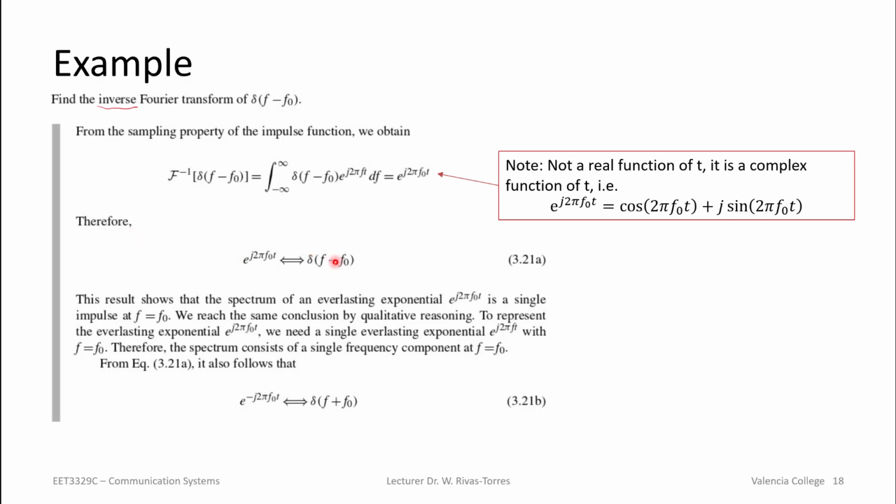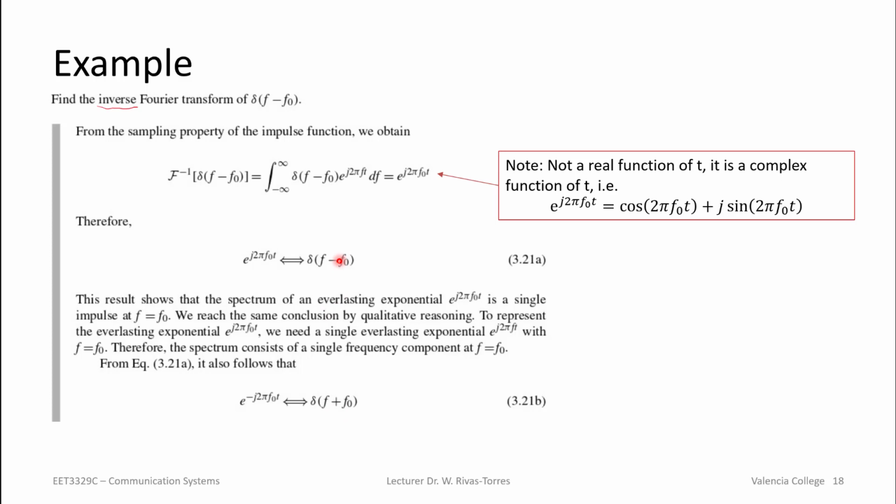Wouldn't it be interesting that if you have a single impulse in the frequency domain shifted somewhere away from 0, at some frequency f0, you end up with a complex signal in the time domain? And we can do the same thing with the opposite sign.